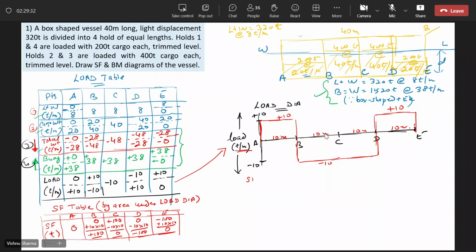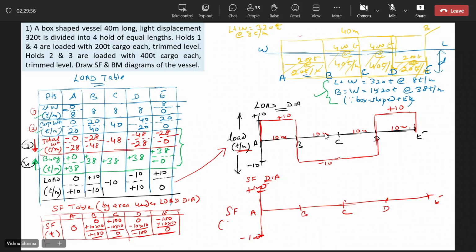And now we make the SF diagram. A, B, C, D, and E. Plus 100, same distance, minus 100.